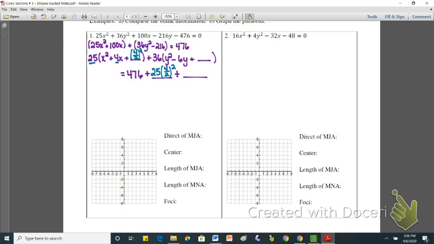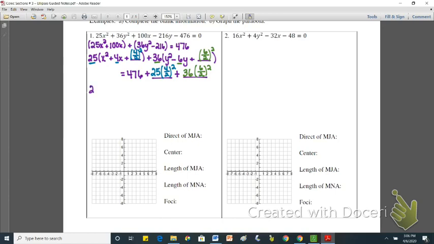Now if I go to the next one, my b value is 6, so it's 6 over 2 squared. And again, I added 36 copies of that. So it's going to be 36 times 6 over 2 squared. So let's go ahead and do our factoring.